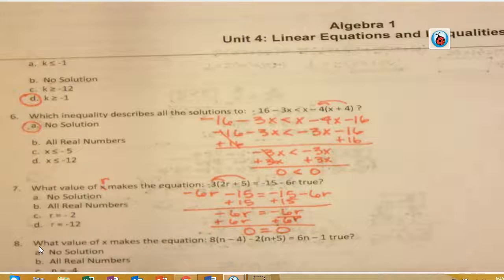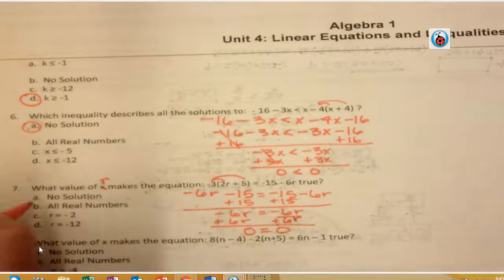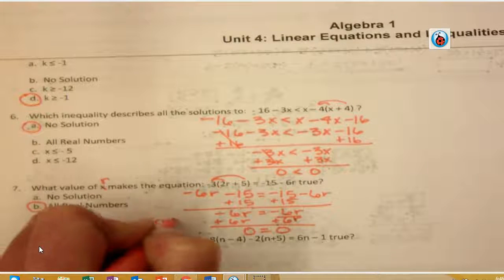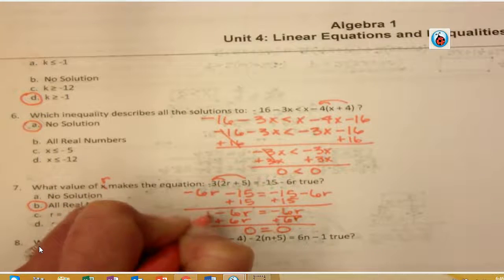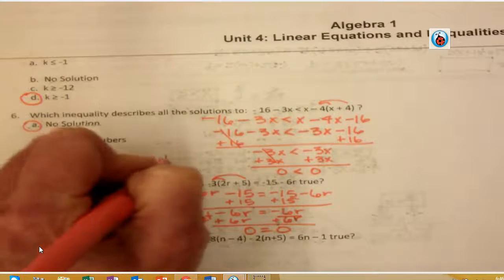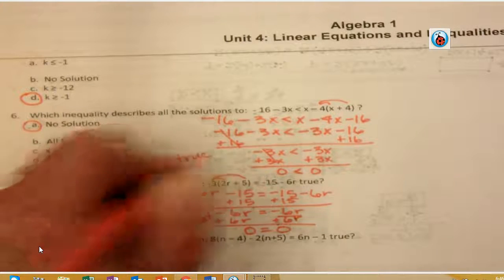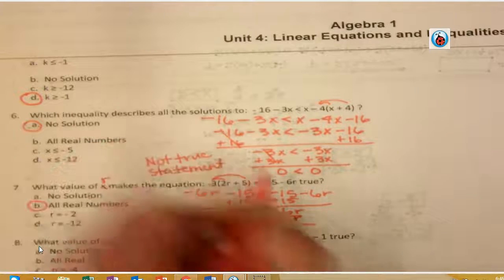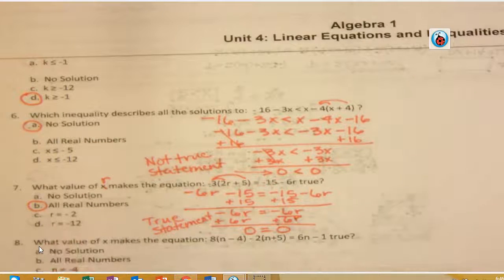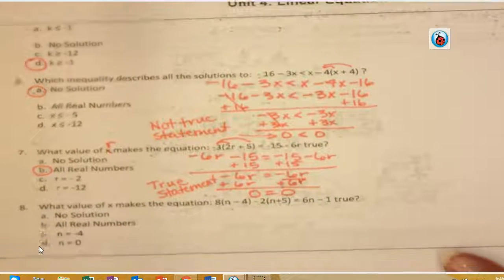Does 0 equal 0? Yes, it does. So this is all real numbers because this is a true statement. This is not a true statement. That's a true statement. All right, moving on.